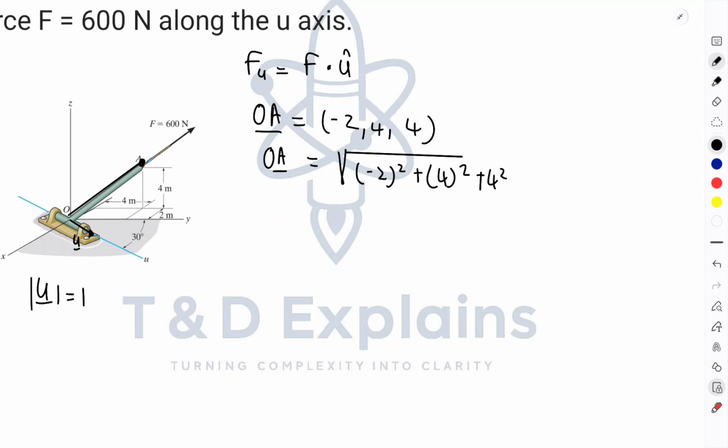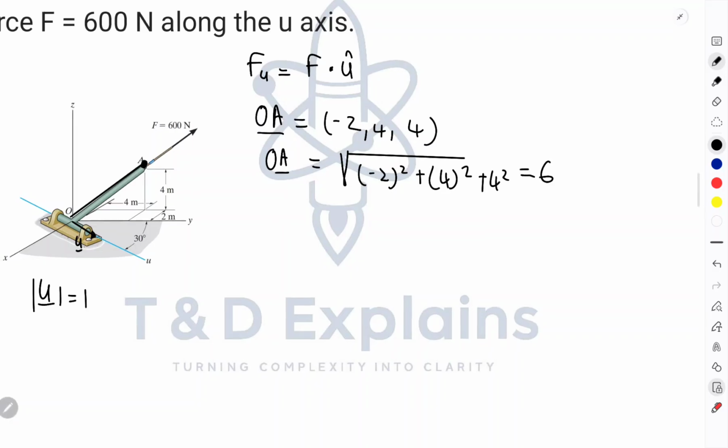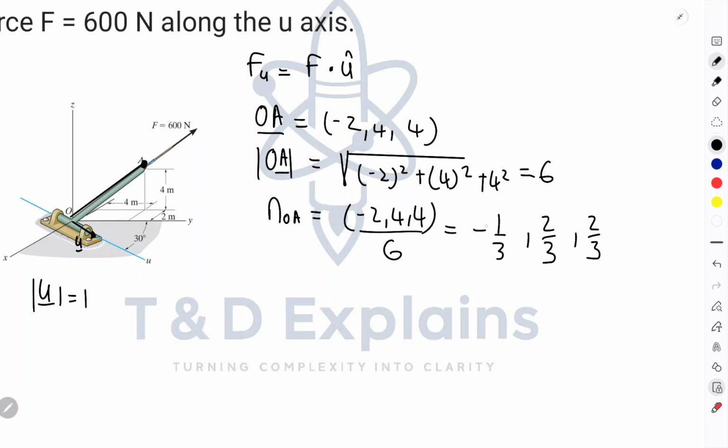Let me confirm with the calculator. Yes, it's 6. So our unit vector in the direction of OA is going to be negative 2, 4, 4 divided by 6, which gives negative 1 over 3, 2 over 3, and 2 over 3. So that's the unit vector OA.